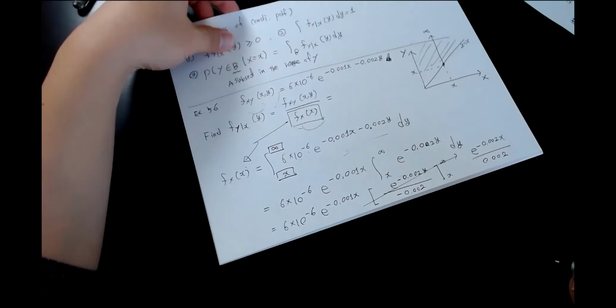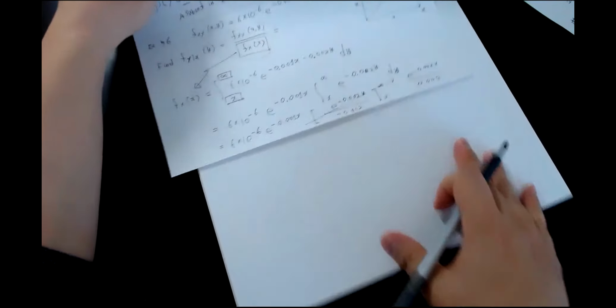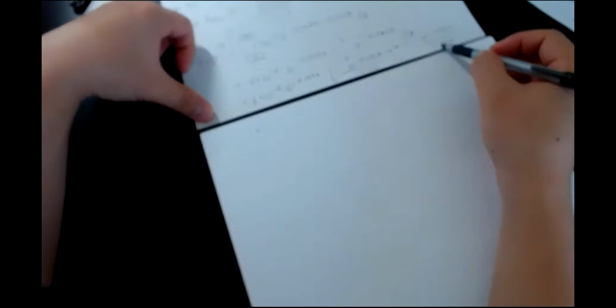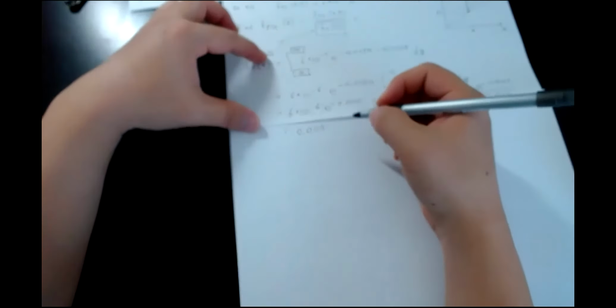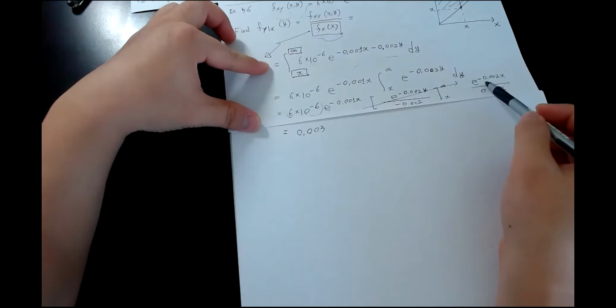All right. So now what we get is this. So that is equal to 6 times 10 to the negative 6 divided by 0.002, which is 0.003, times e to the negative 0.001x times e to the negative 0.002x, right?